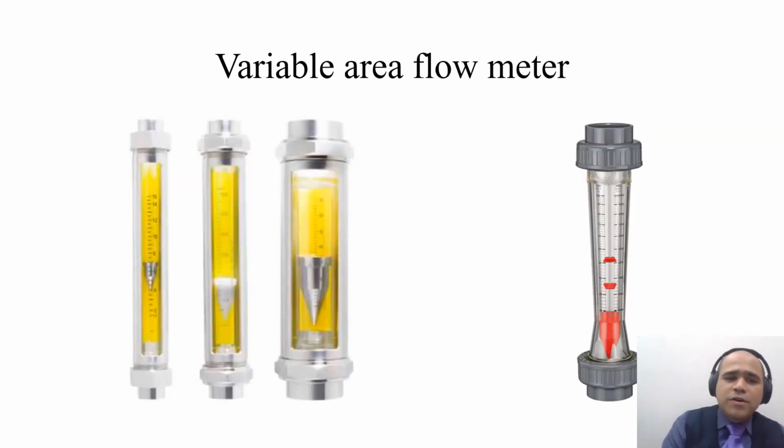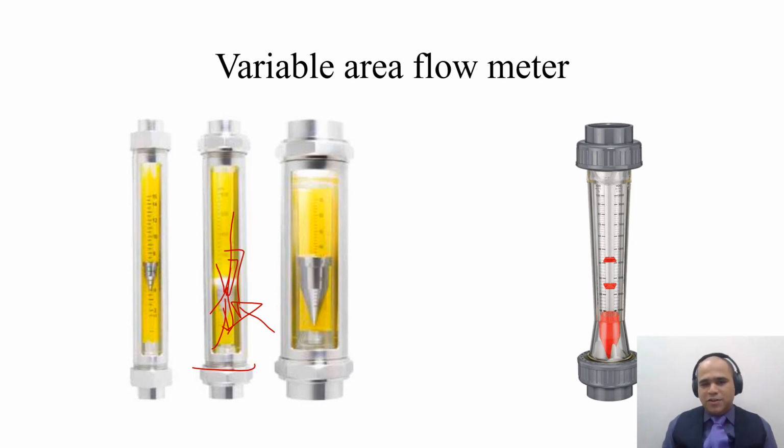Variable area flow meter. You might have seen these kinds of things floating inside water, and they try to go down by gravity and are forcefully thrown up because of the water flow inside. So these are the variable area flow meters.